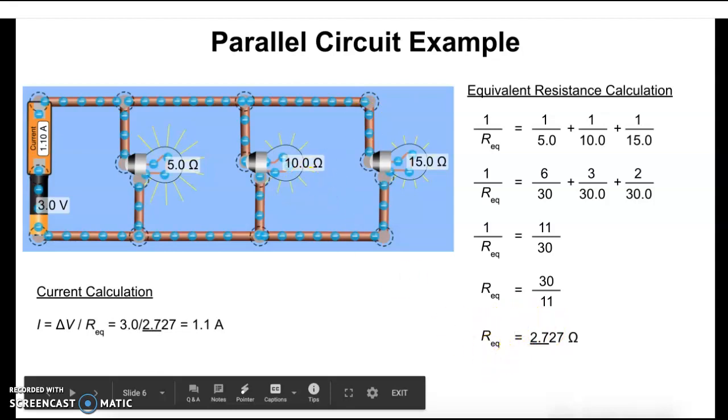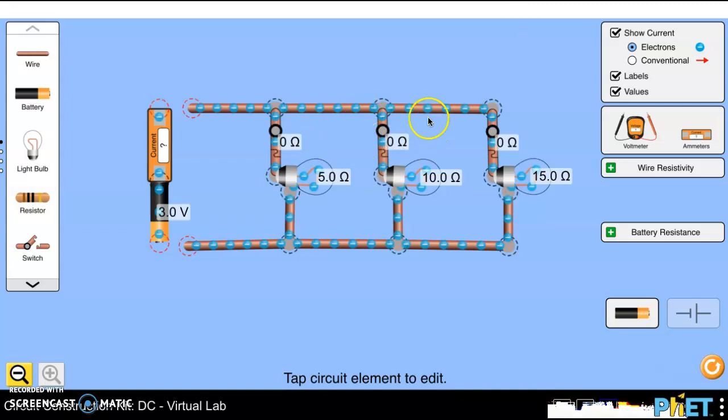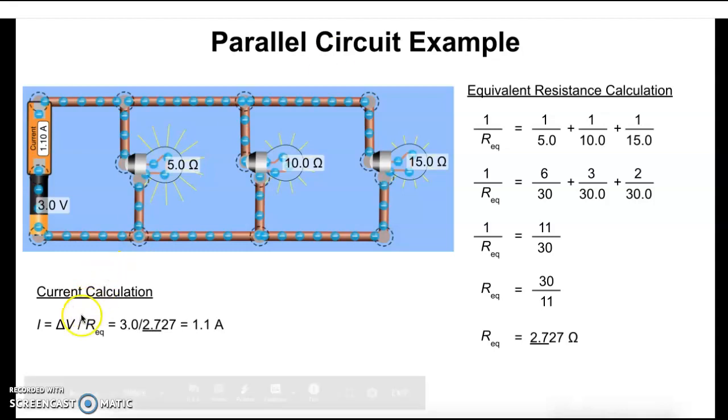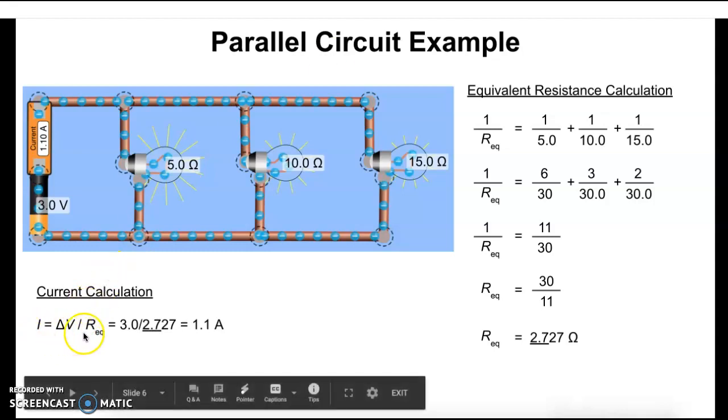ohms, meaning when I plug this circuit into this 3-volt battery, the 3-volt battery is going to face 2.7 ohms of resistance. And I can use Ohm's law right here to calculate the expected current value.